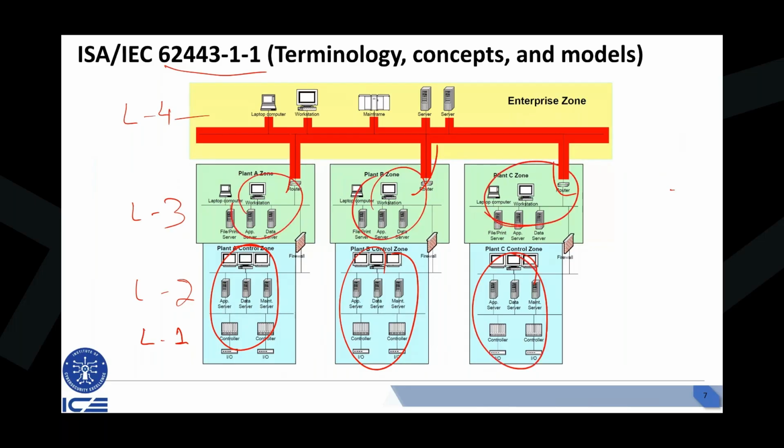This concept of dividing your control system into zones is an extremely important concept at the heart of 62443 concepts. So it is very important to understand this, and all of this is covered in 62443-1-1.